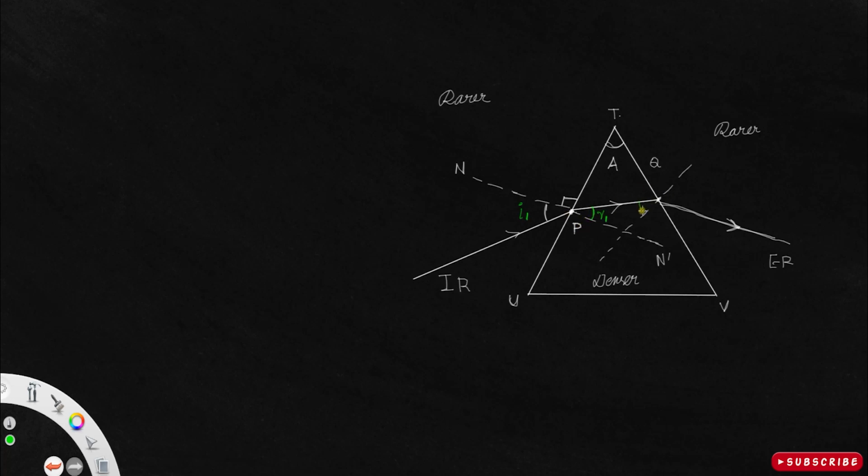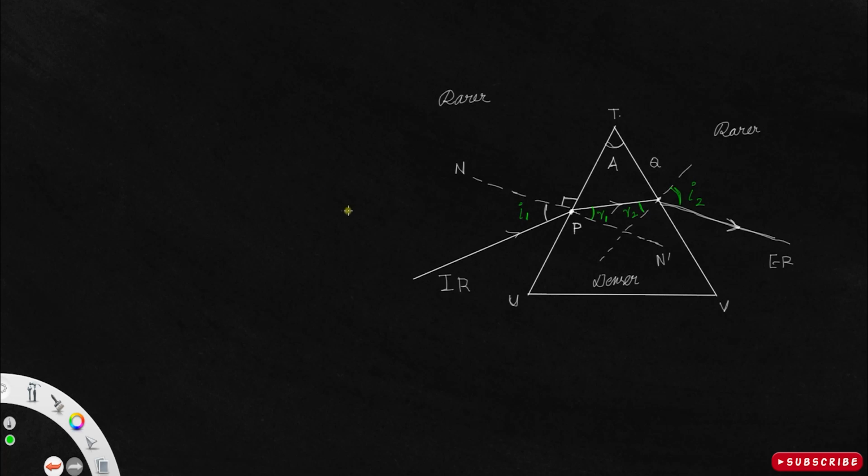Now at this point we can take that as R2, but R2 here is the angle of incidence at the second surface. See, TV is the second surface, so R2 becomes the angle of incidence at the second surface, and we can take this as angle of emergence, or otherwise angle of refraction at the second surface, I2. Clear?